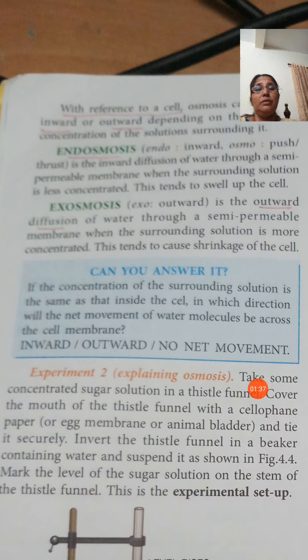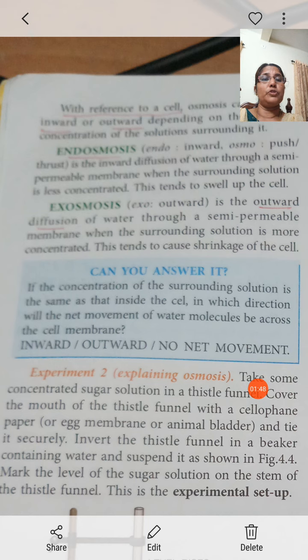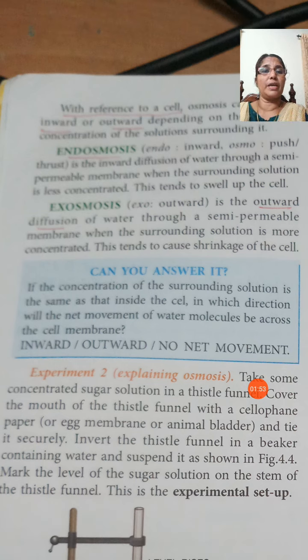You can see exosmosis occur, as you might have observed, if we put tender mangoes in salt. The cells in the mango shrink, so in the pickle we make with tender mango, all the mangoes appear very small because exosmosis takes place.